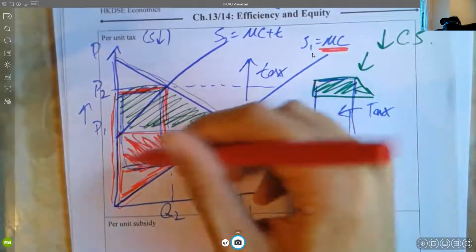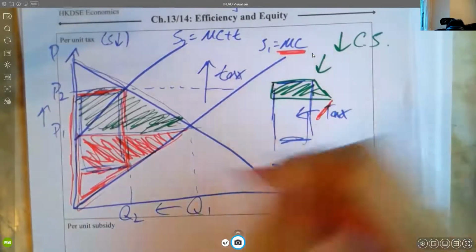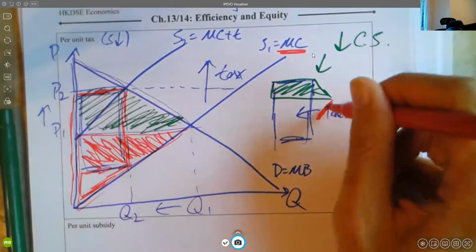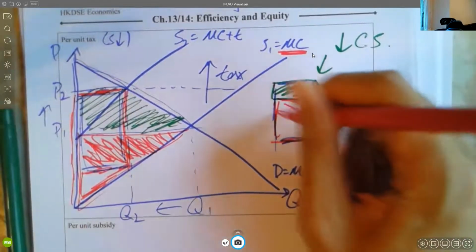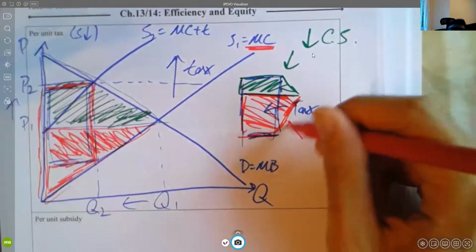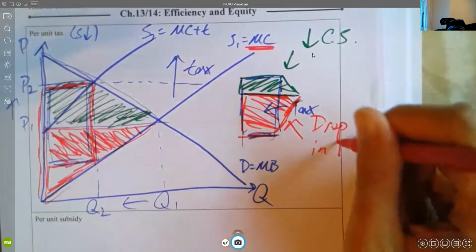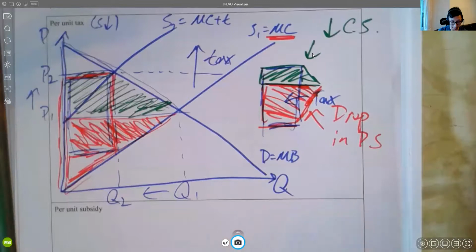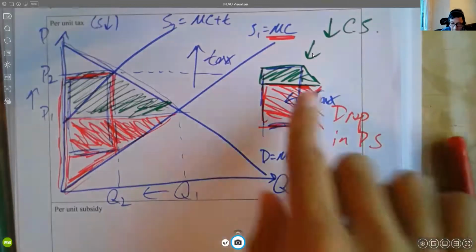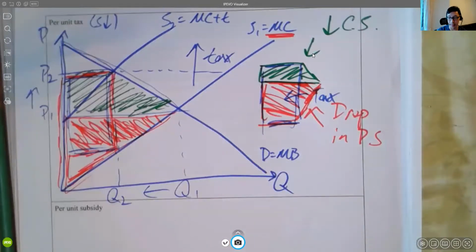It actually dropped. So this part, the red part, is the drop in PS. Above is the drop in CS, and this is the drop in PS. Now let's think about it. Tax, who can get it? The government would get the tax, but let's compare the area.